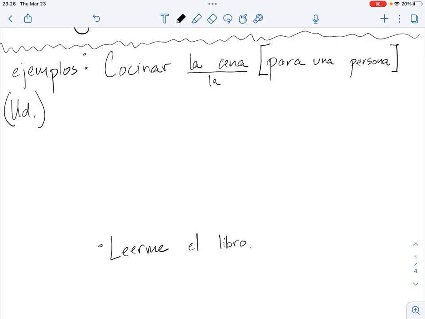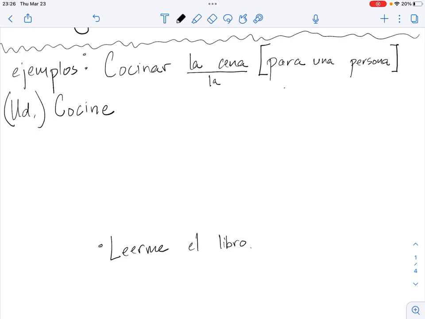It's an AR verb, doesn't have an irregular yo, so the command will be cocin-, and so we flip our endings so they look not like AR but ER. Cocine. And then, what the heck, we'll say for me. Cook dinner for me. So if it's for me, it would be me. And la cena is la.